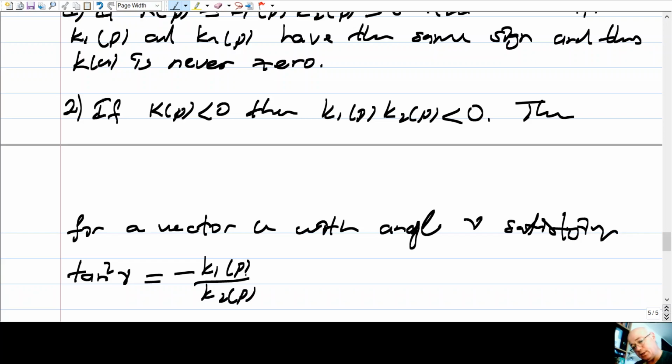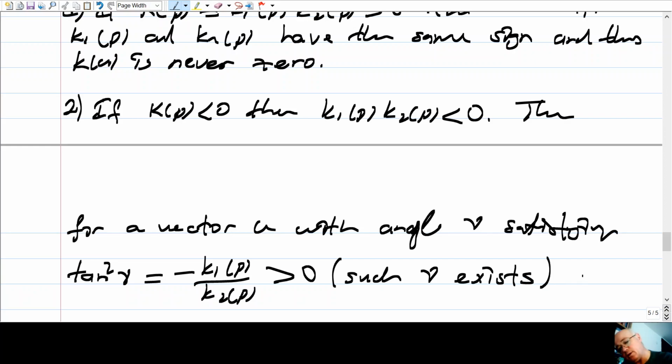But they have opposite signs, therefore this is positive, and this implies such nu exist.